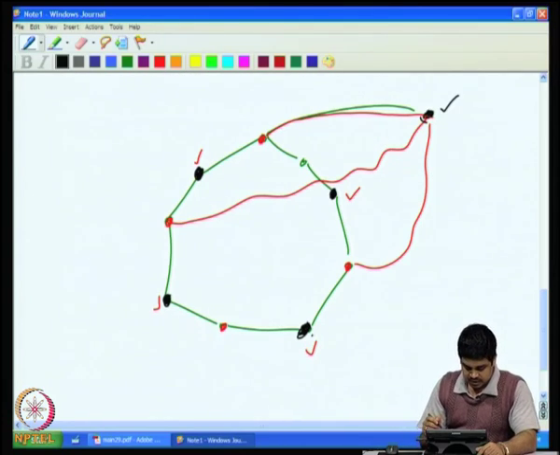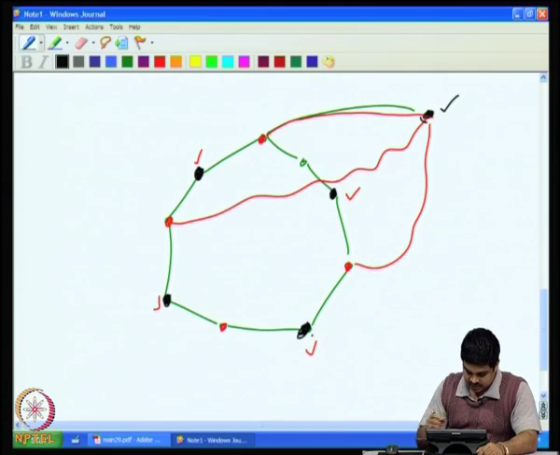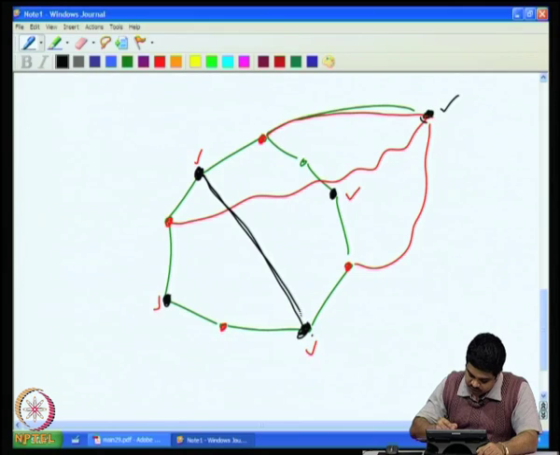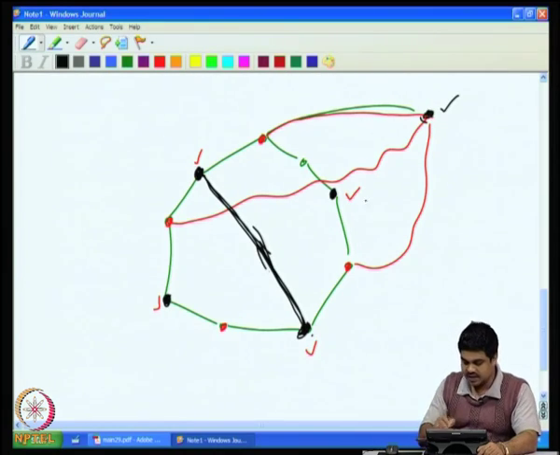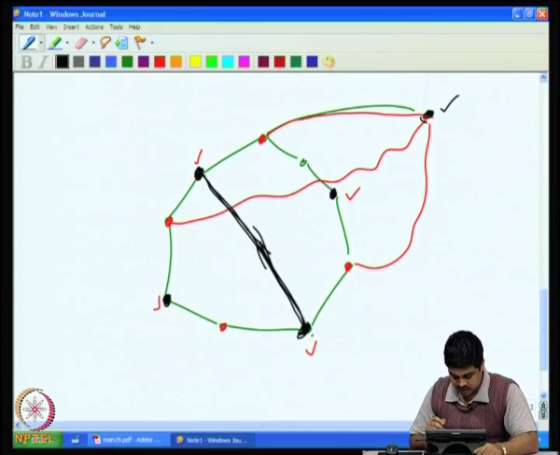To do this, suppose there is an edge between two such vertices. For instance, suppose this edge is there, here between these two vertices. We will show that such an edge cannot exist. That is why we claim that these black vertices are independent.